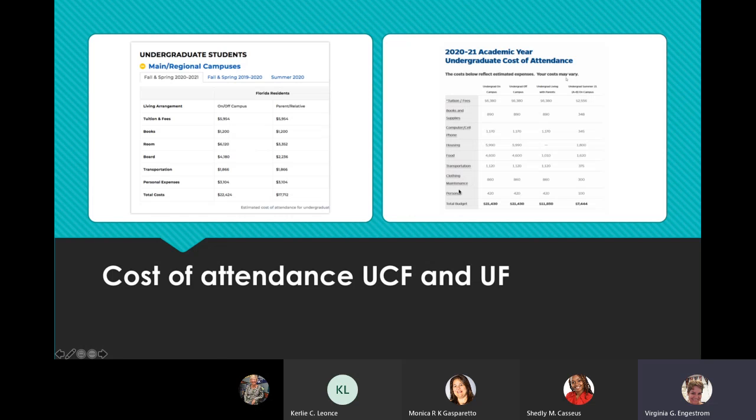I love that. And personal. So for UF, it's a little bit less than UCF. But again, if you look closely, the tuition and fees, housing and food will be very similar if you add those.